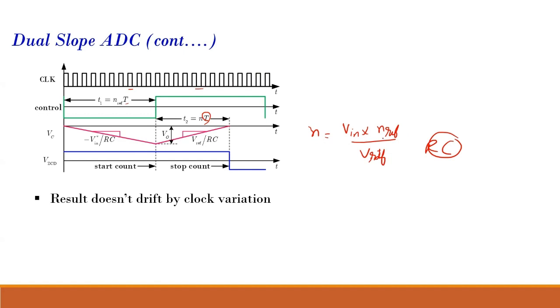So it is independent of variations of R, C and T. They do not affect the digital output which comes out. So this is for the dual slope ADC.